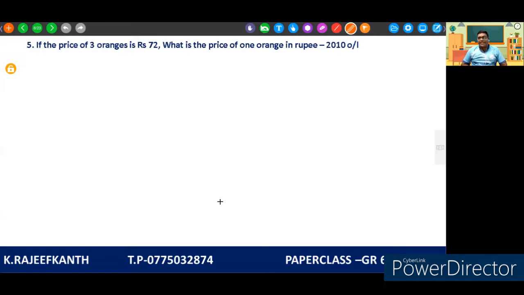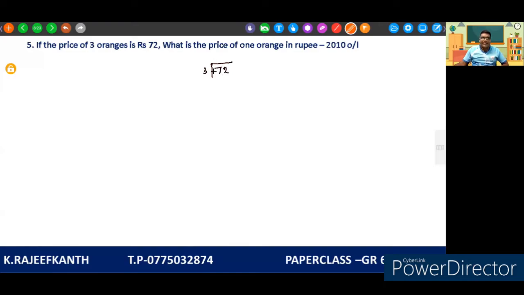Now you have to find the price of 1 orange, right? So we have to divide this 72 by 3, because if you want to find the price of 1 orange, then we have to divide 72 by 3, right?